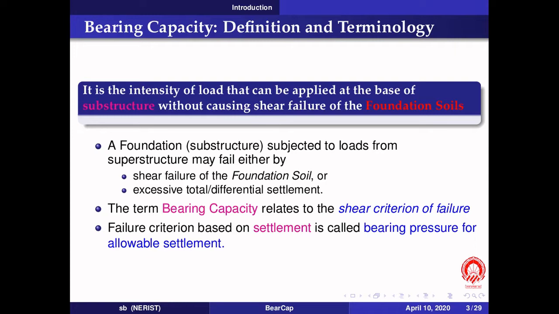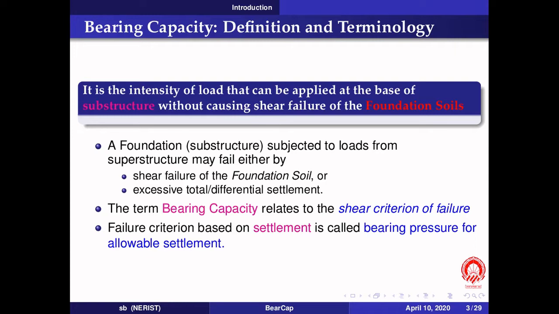Substructure and foundation are the same thing, meaning the structural footing. We need to ensure that the soil does not fail below the foundation, and that the structure as well as the substructure does not suffer excessive settlement.